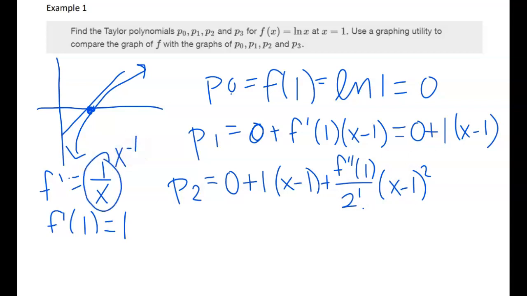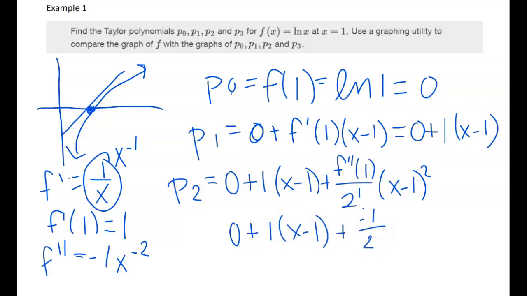This is x to the negative 1. So the second derivative is negative 1 times x to the negative 2. I'm still plugging in 1 though, so this is going to end up being 0 plus 1 times x minus 1 plus negative 1 over 2 factorial times x minus 1 squared.